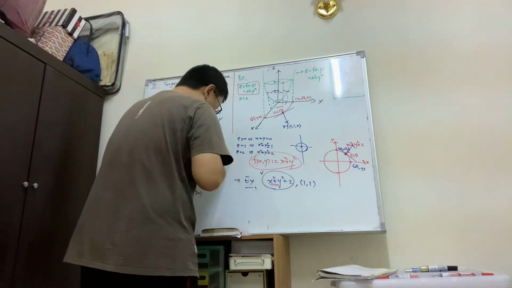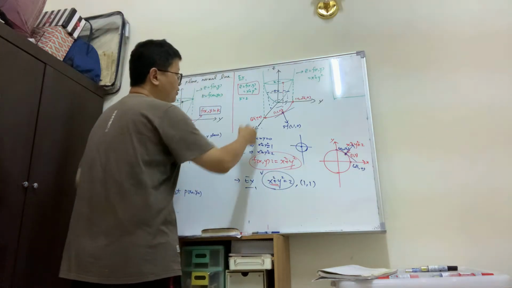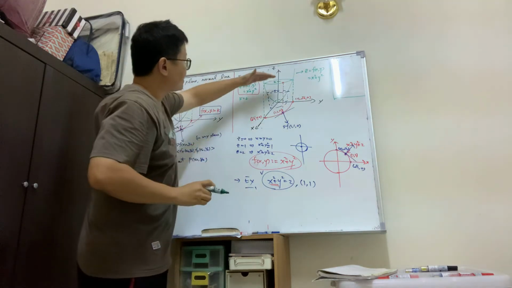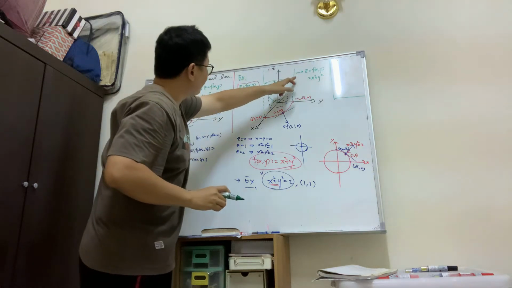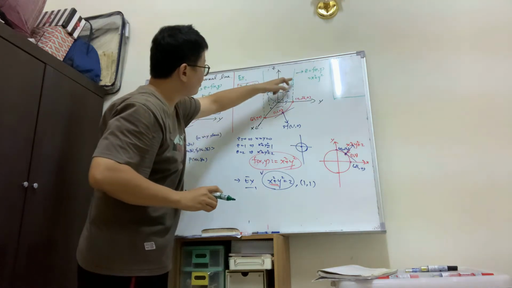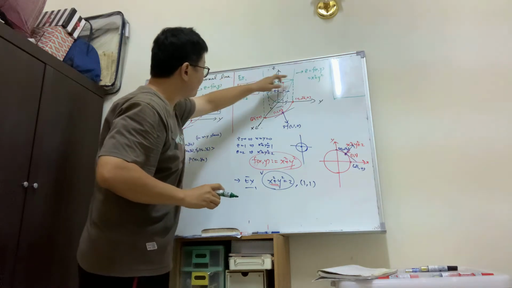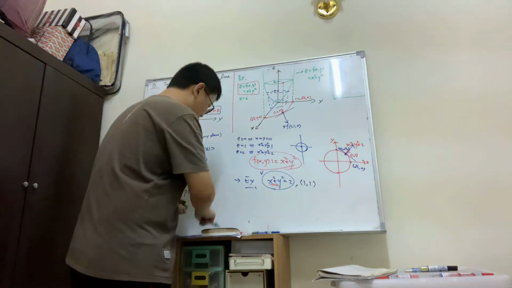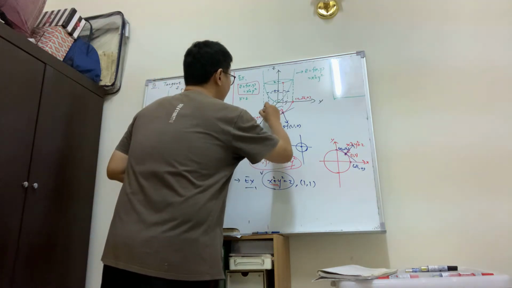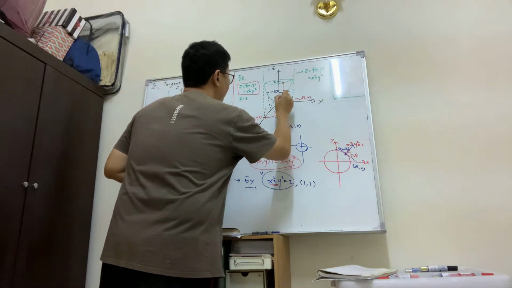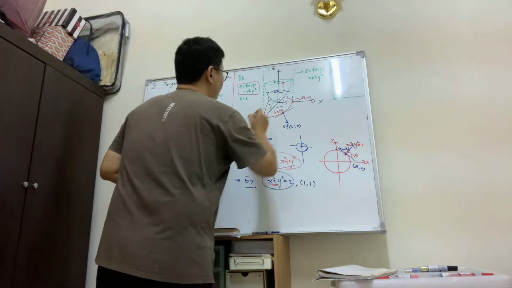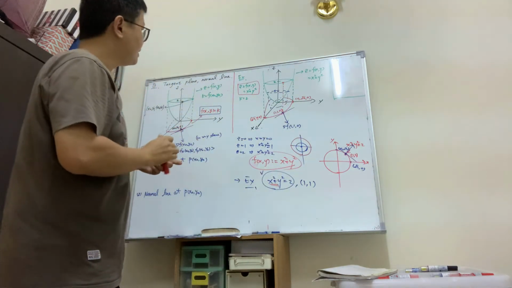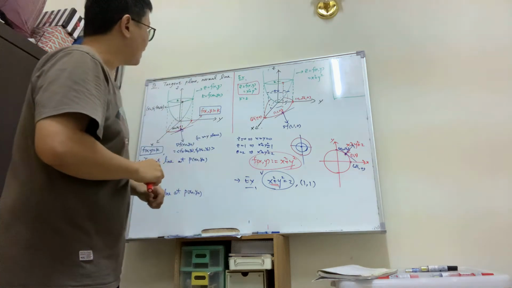When the height is 2, when the g value equals 2, once we fix the constant 2, for the function, if f of x, y equals 2, we have a circle. In this example, we can see its projection is a circle.